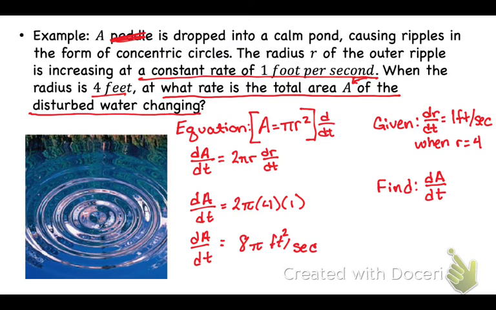So once I've written down my equation, my given, my find, should I be okay? Should I be done basically with my problem? Now, helpful hint: if you find your derivative with respect to time and you have a variable on the right that you don't have a given for, did you do something wrong? Yes.